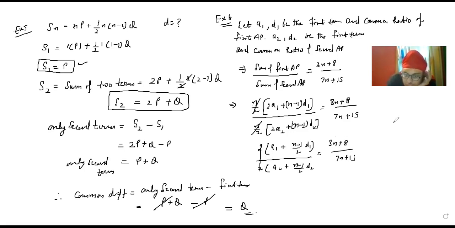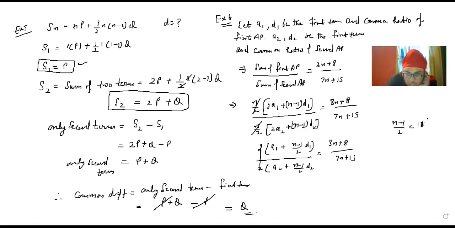I want the ratio of the 12th term, so (n minus 1) by 2 is equal to 11, because the 12th term is a plus 11d.